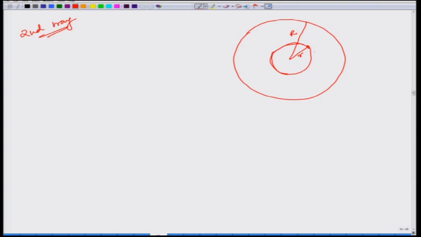So, for the inner sphere, my V in is given by 1 by 4 pi epsilon naught q enclosed by r.